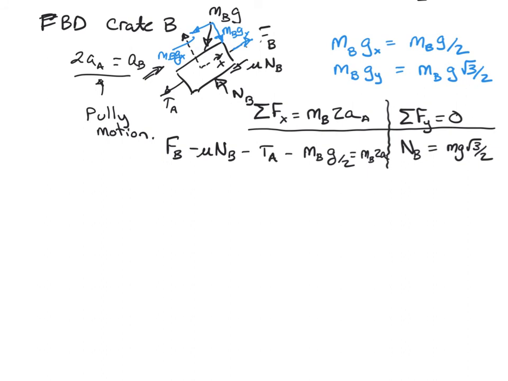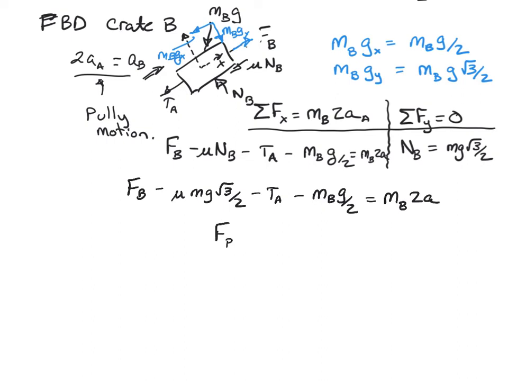Now we can plug in a little bit. We'll have F_B minus mu m_b g root 3 over 2. That gets that term. Minus, I'll just leave this T_A there by itself since there's a lot of things to plug in there. And then this will be m_b g over 2. That's equal to m_b 2a. I'm trying to solve for that F_B, so I'm going to get it all on one side.